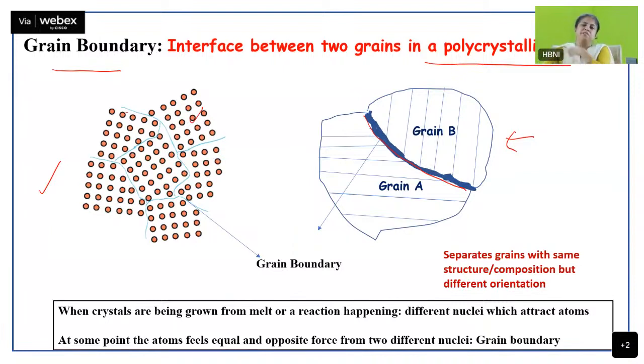Suppose you're growing a crystal from the melt, or there is a solid state reaction happening. To make things easy, let's talk about the crystal being grown from melt. So what happens is, the nuclei are formed at various places, small nuclei, as the crystallization happens. Let's say two reactants A and B are reacting and forming a product AB.